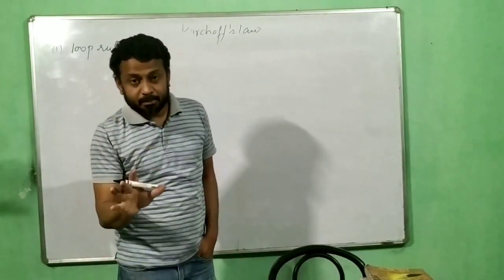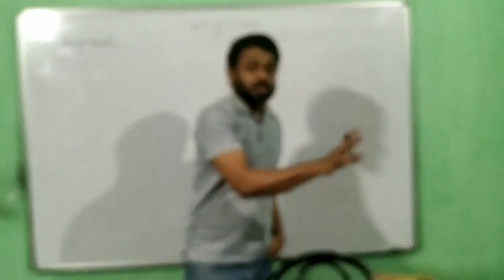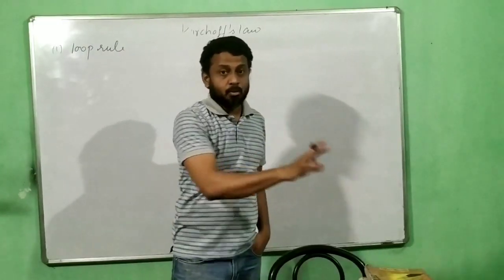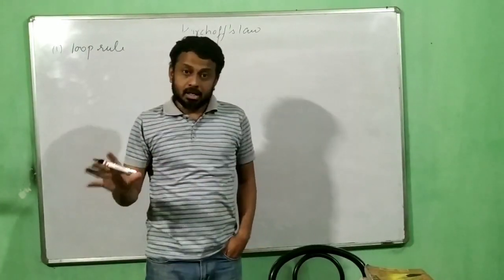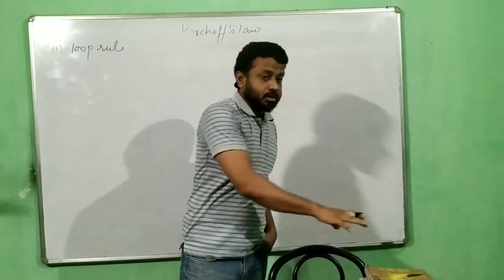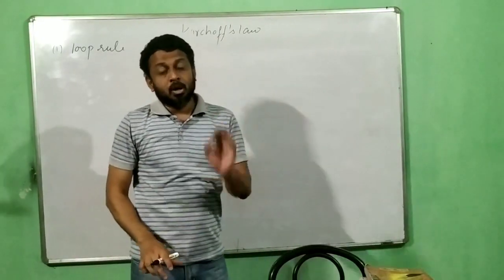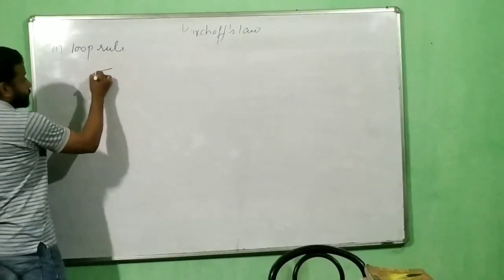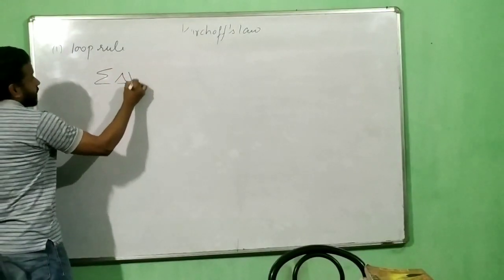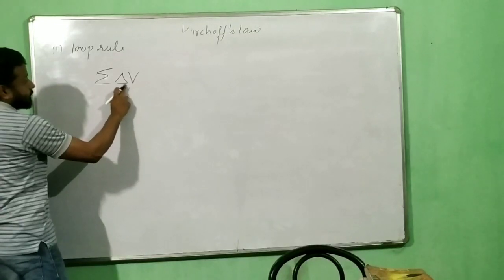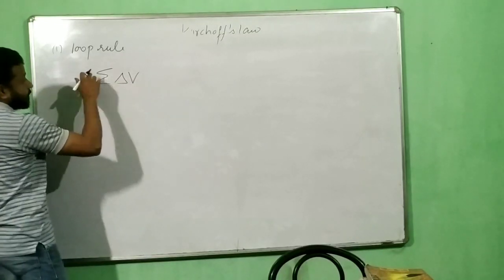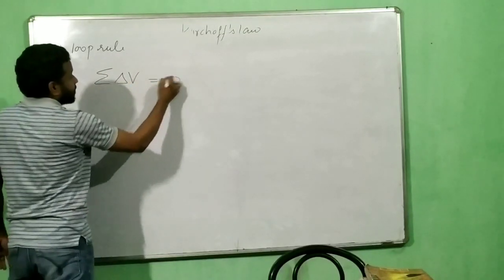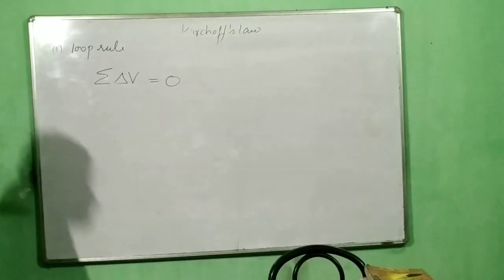So the algebraic sum of all the potential differences in a closed loop always adds up to 0. In its simplest form, it is given as summation of potential difference, the algebraic sum, and that must be equal to 0.